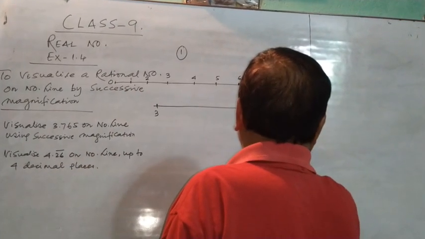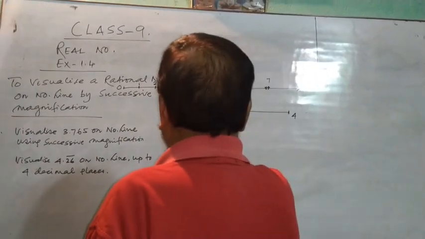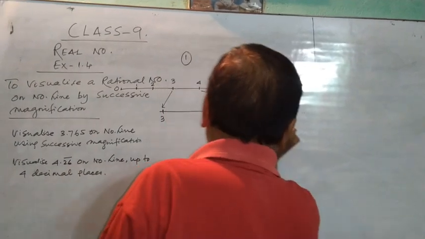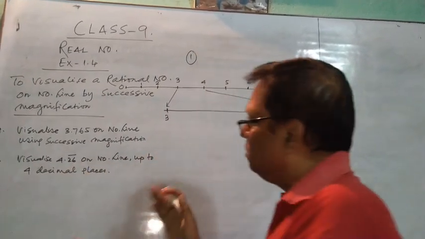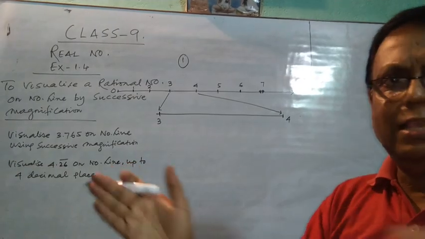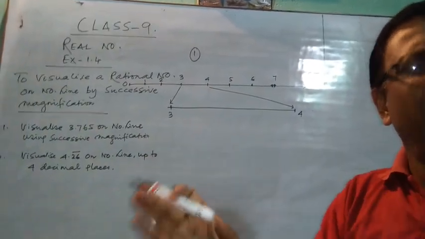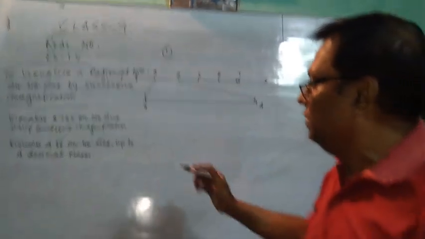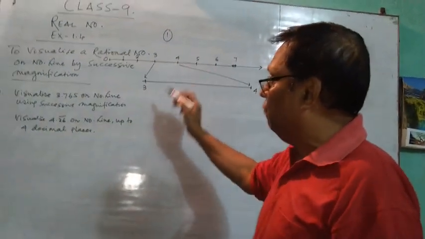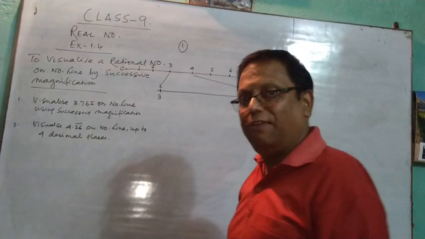Magnification means increasing the gap between 3 and 4 on the number line, completely an imaginary concept. Now the gap between 3 and 4 is magnified.